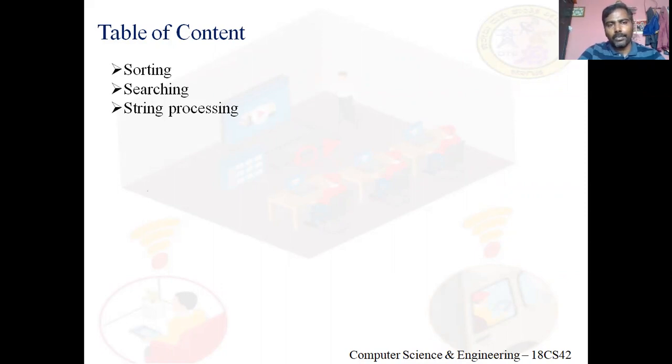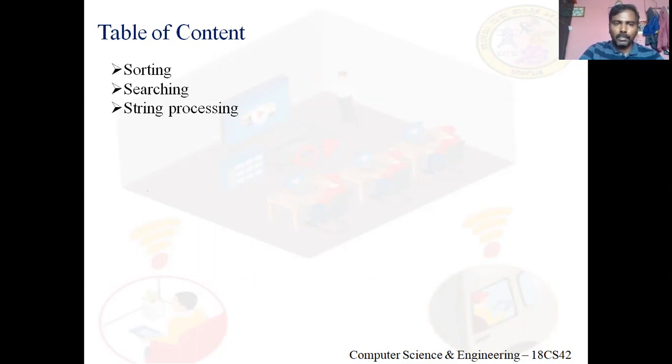I think everyone knows what sorting is. In your C programming lab, you might have come across something known as bubble sort, or if not, selection sort. They are solutions for the same problem statement, that is rearranging.